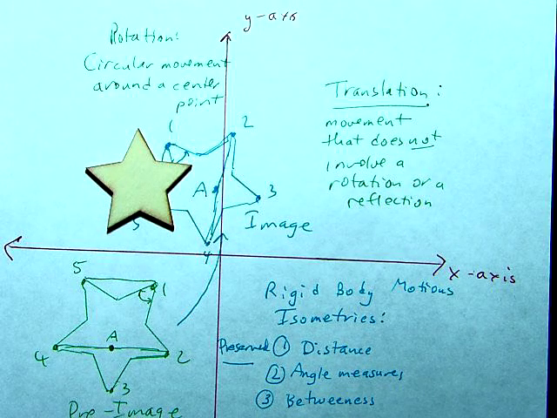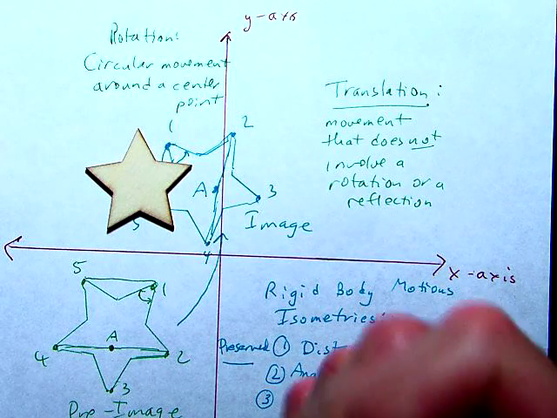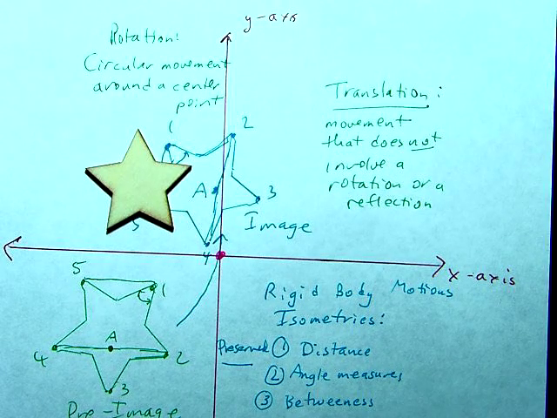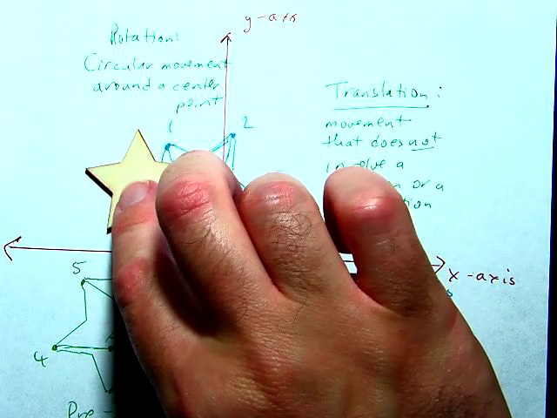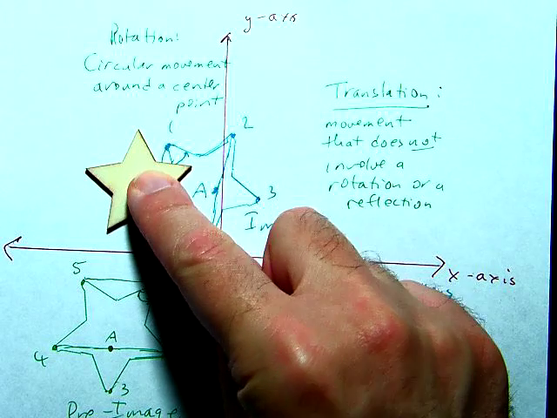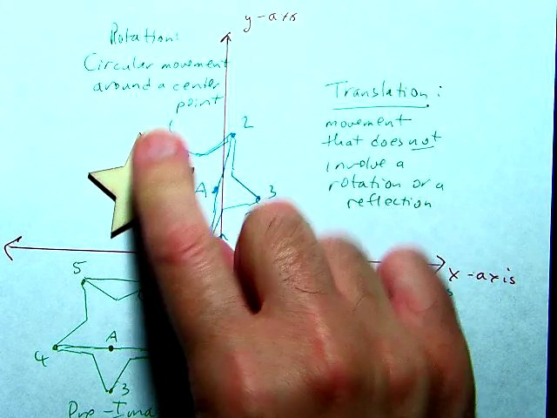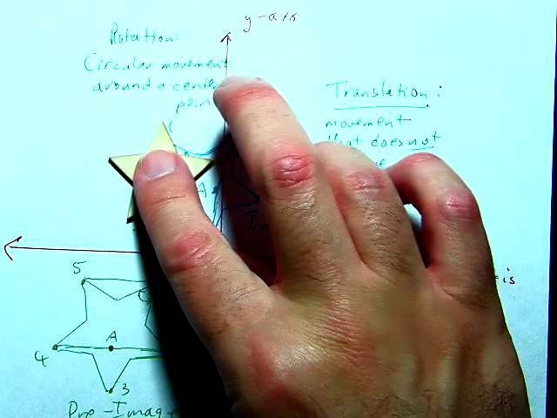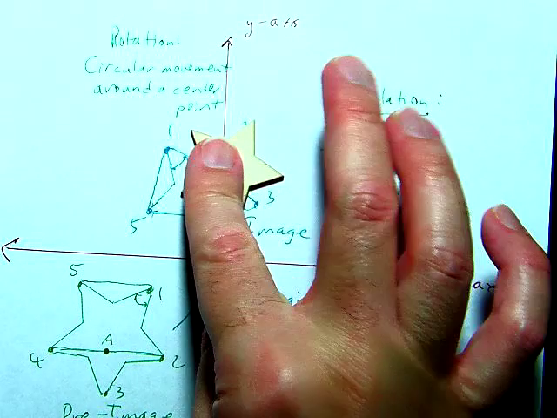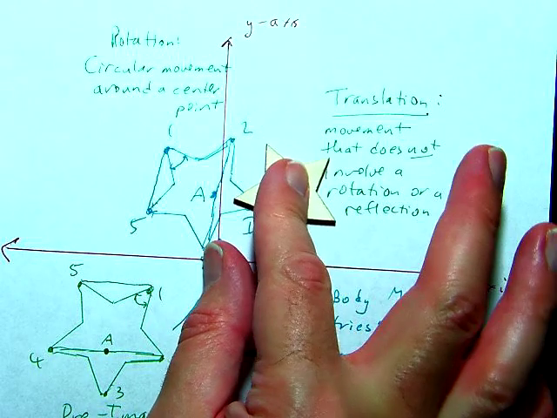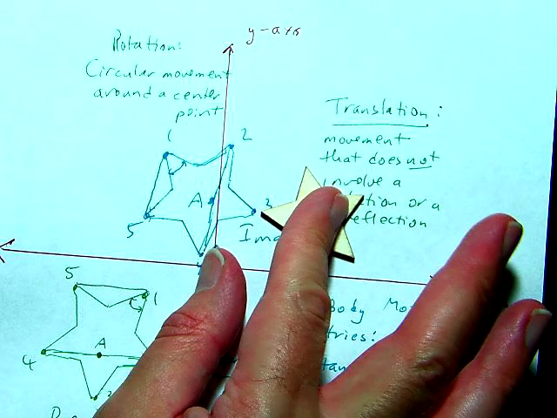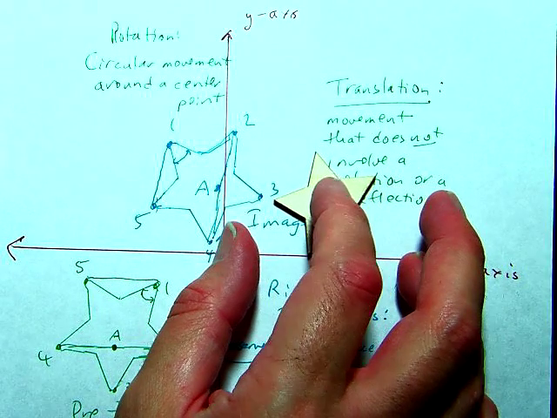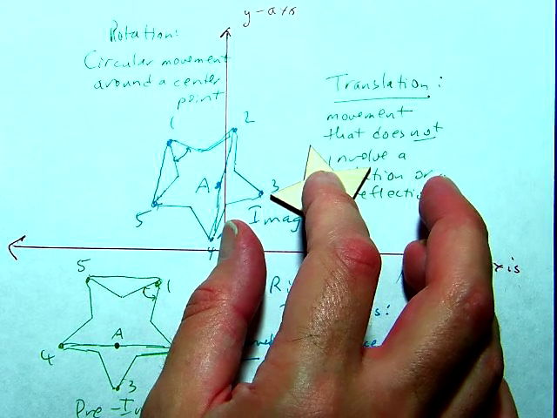And let's say we have a center point here, which is our origin. And let's say, just like the way we move our compass, we take this chip and we rotate it around the origin like that. Okay, what we have just done is a rotation around the origin.